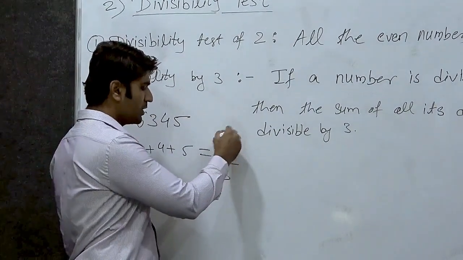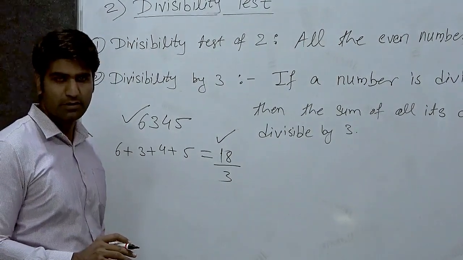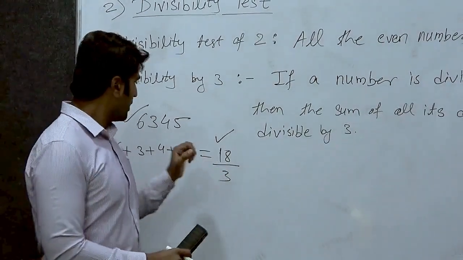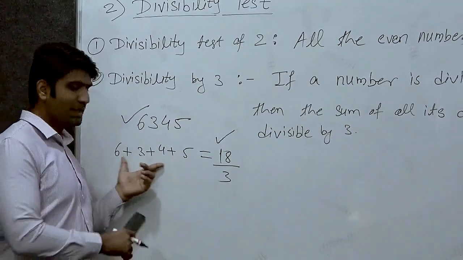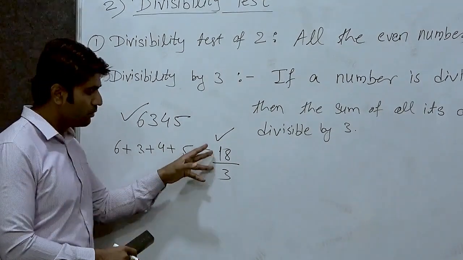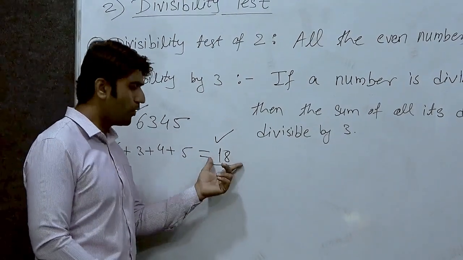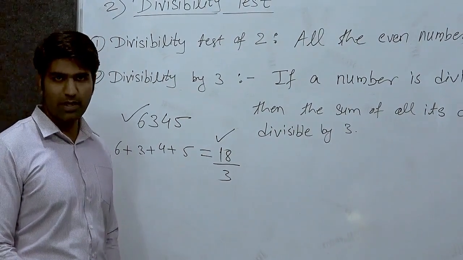If 18 is divisible by 3, then the given number is also divisible by 3. Okay, so it is very simple. Again, when the sum of digits is divisible by 3, then the given number is also divisible by 3.